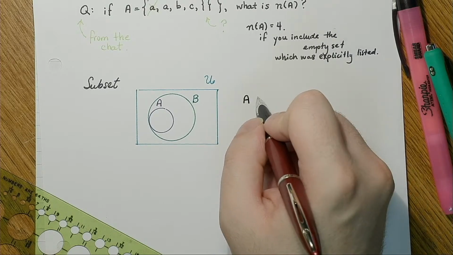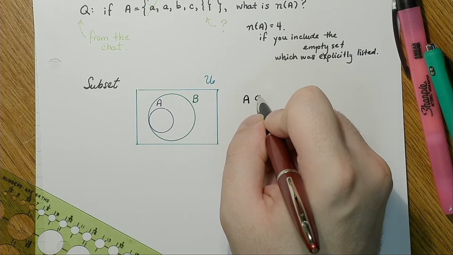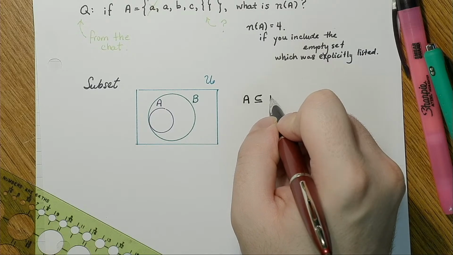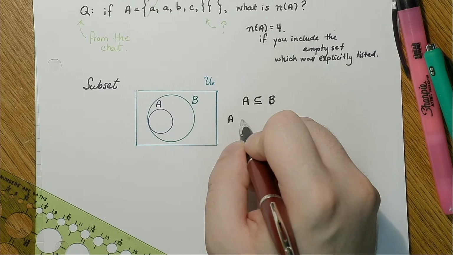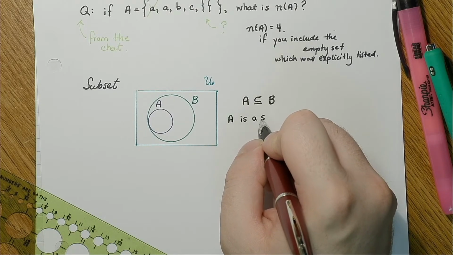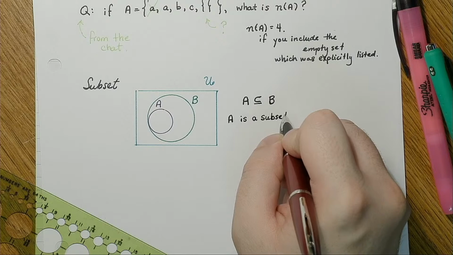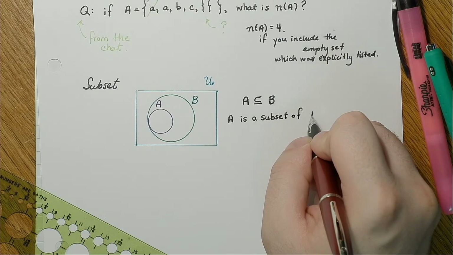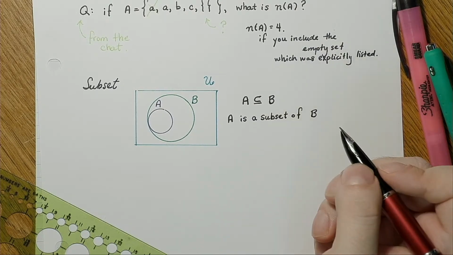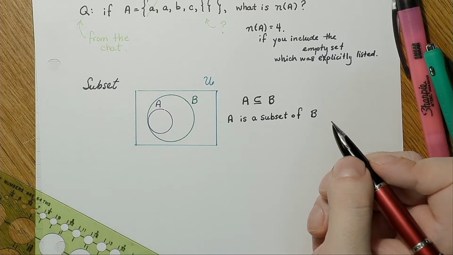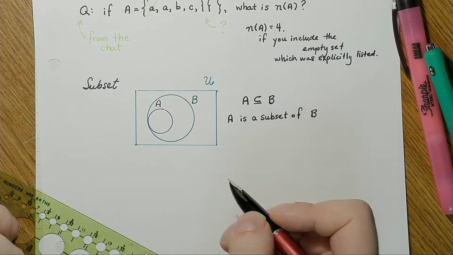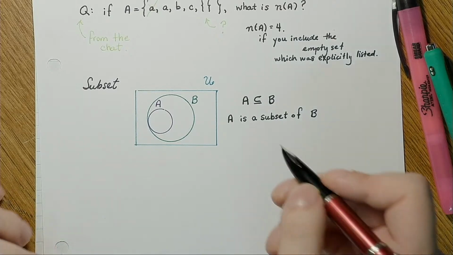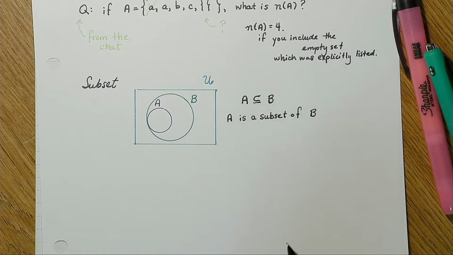We would say that A is a subset of B. There are some people that will make a distinction of a proper subset.